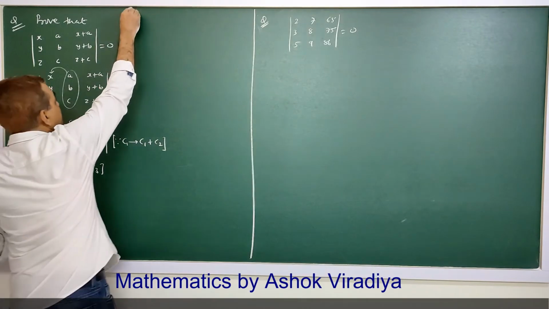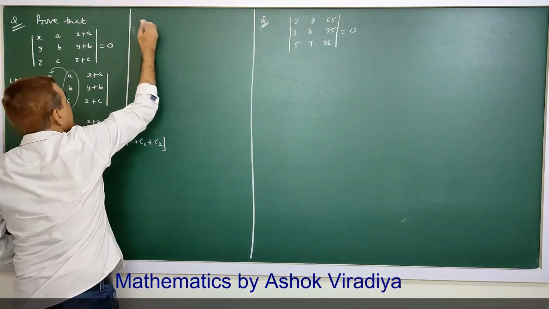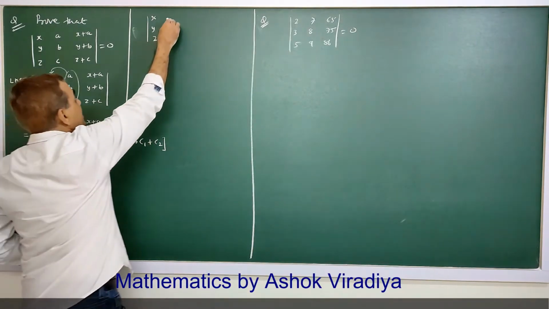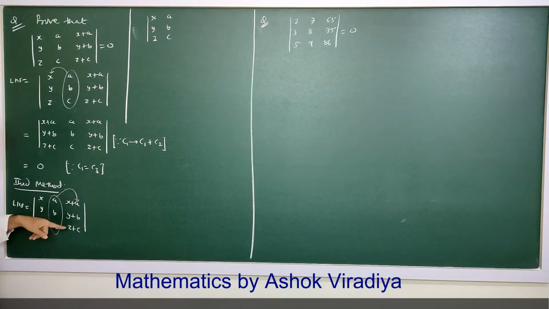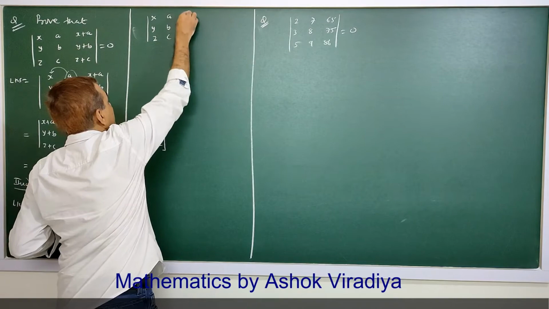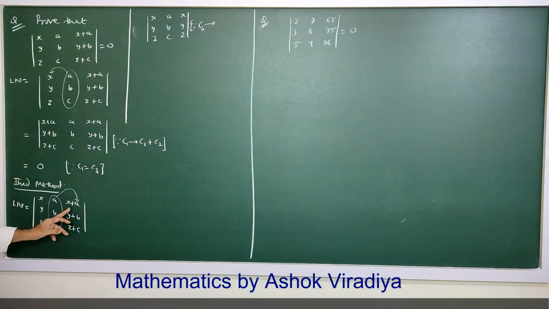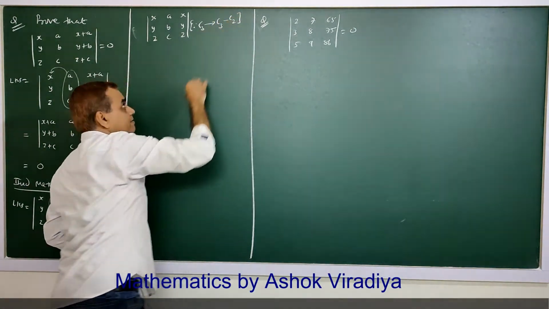So it is equal to, first column as it is, second column as it is, no change in the second column. We are changing the third column. In the third column we are subtracting the second column. So it will be x, y, z. So what is done? Change in the third column. In the third column, the second column is subtracted.